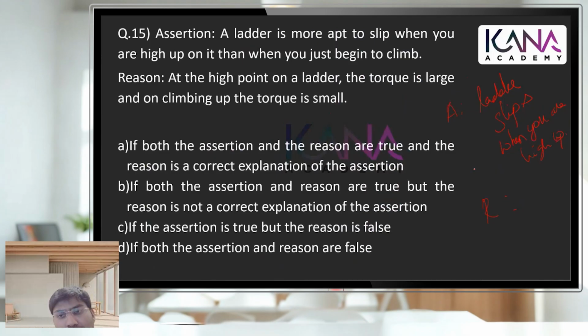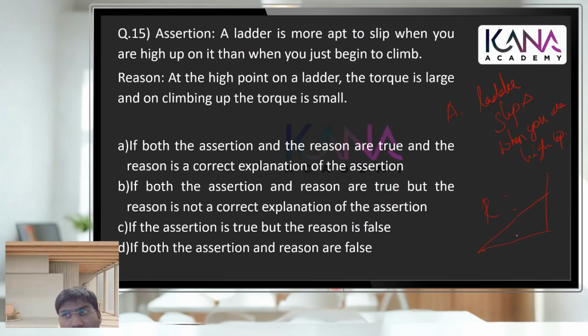See, for example, let's say there is a wall. Let's say this is the ladder. Yeah. So if you look at the torque, it's very high. At these two points, we should know where the torque is high and where it is low.